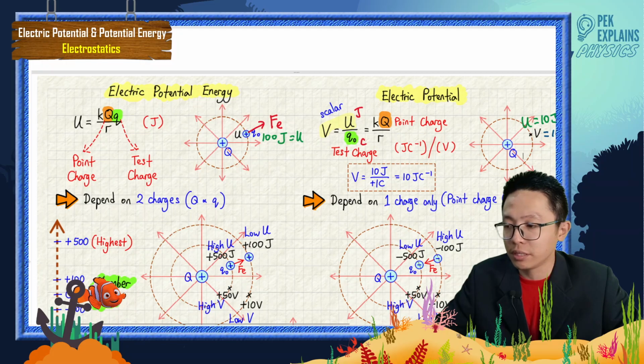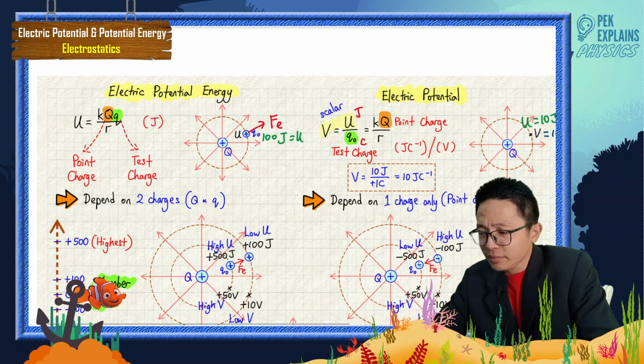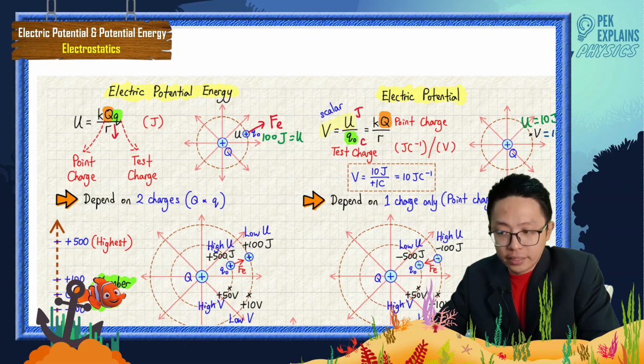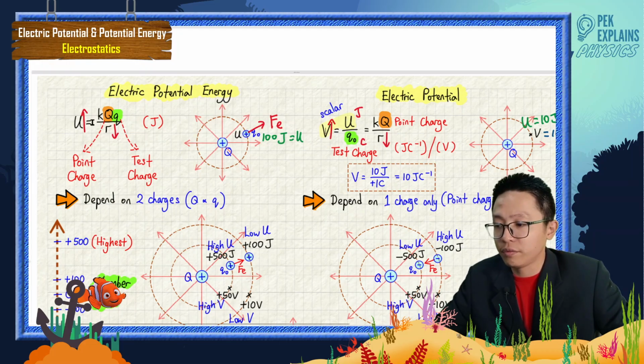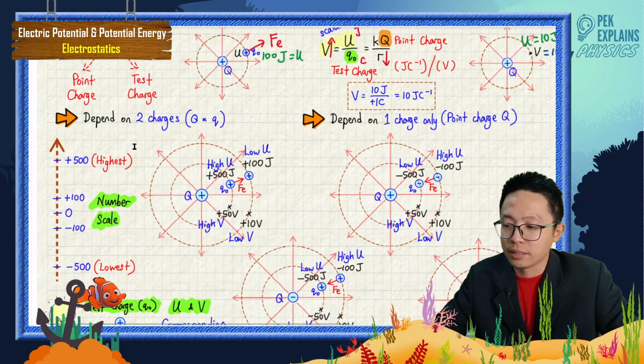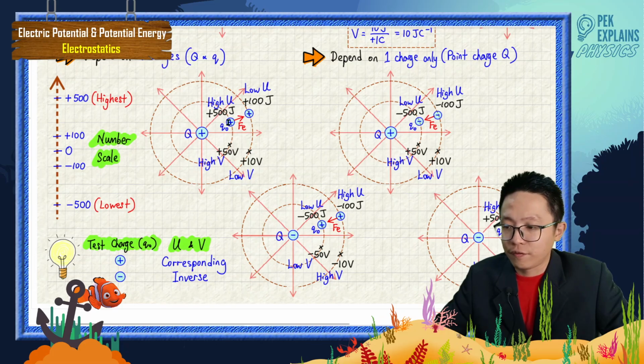So the nearer to the point charge, the higher the potential energy. The nearer to the point charge, the higher the potential. So both of them are inversely proportional to the distance. That's why nearer to the point charge has bigger value.